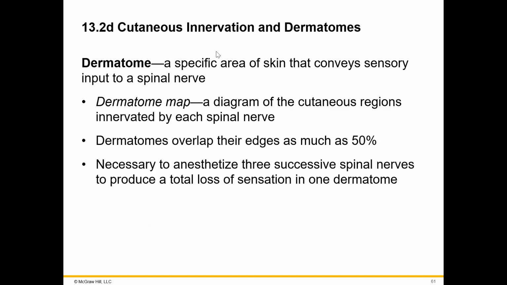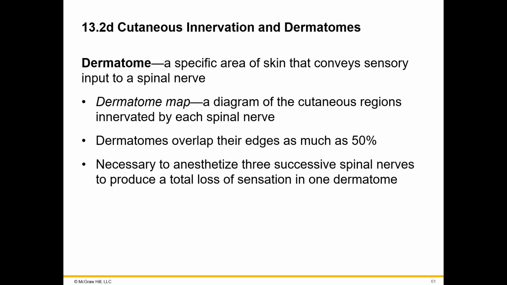How much of the tissue does it cover? It's very interesting that nerves can share the same region. That's why when you get injury to one nerve, the other nerve can help you move the muscle. So the dermatome is a specific area of the skin that conveys sensory input.